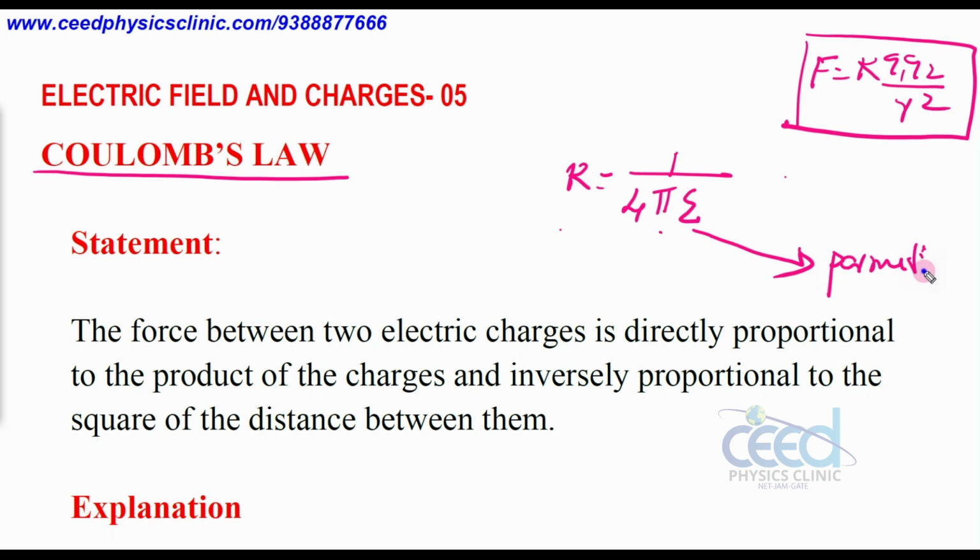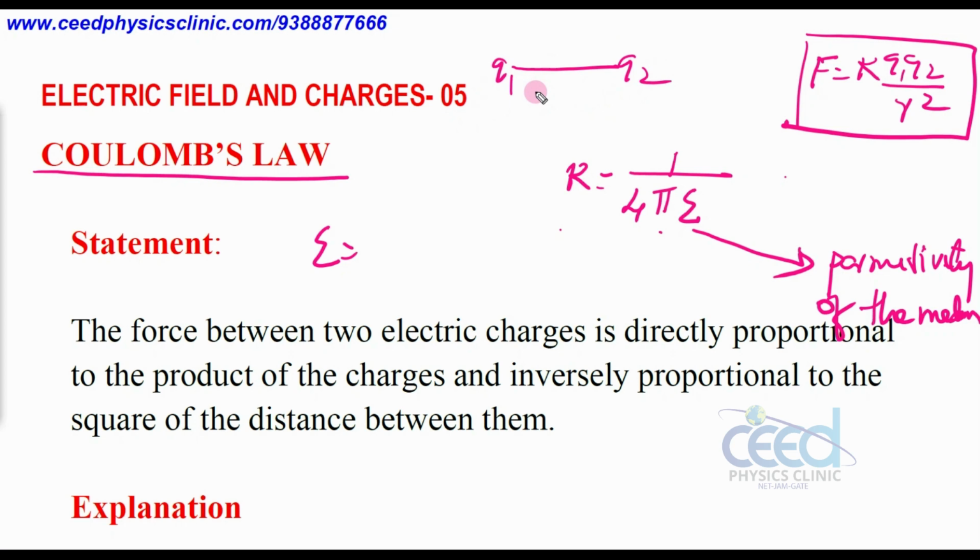Permittivity of the medium. That means this medium permittivity is a factor, and epsilon is defined as some constant. Suppose these charges are separated by a distance and there is no medium in between q1 and q2.